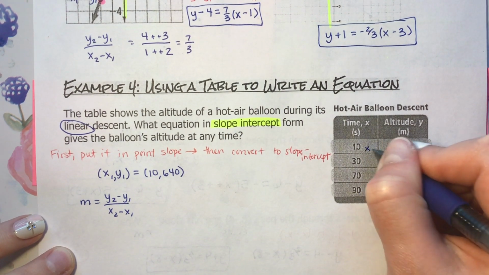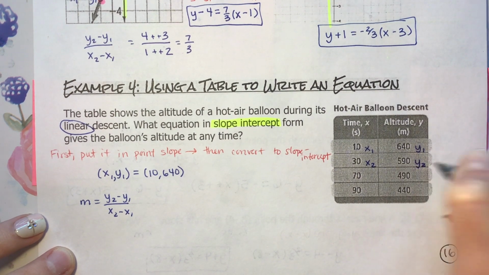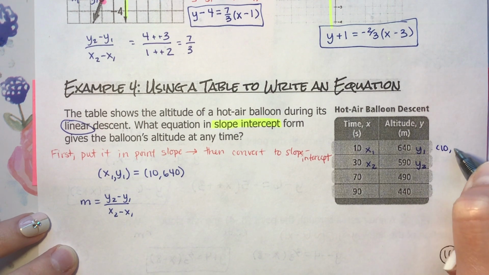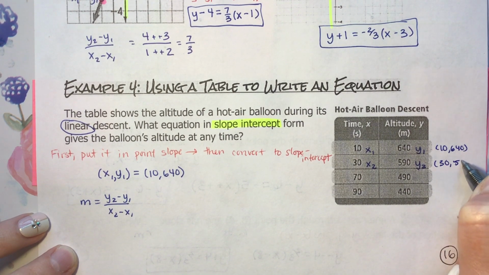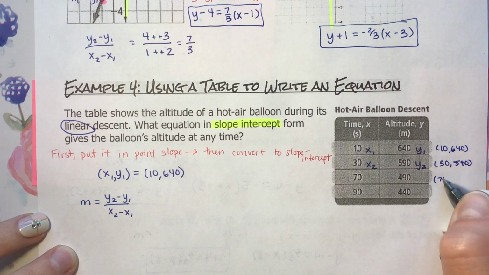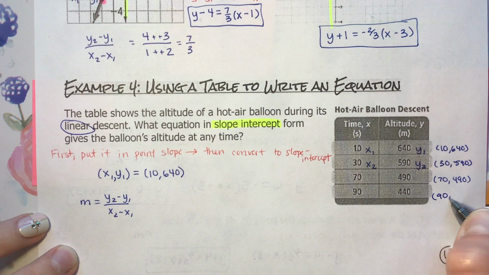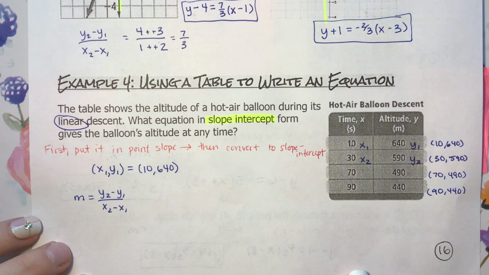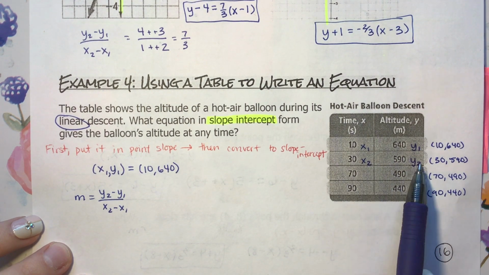So I'm going to say x sub 1, y sub 1, x sub 2, y sub 2. Because remember, these are just the coordinates 10, 640, 30, 590, 70, 490, and 90, 440. So we're not doing anything crazy here. It's still x1, y1, x2, y2.